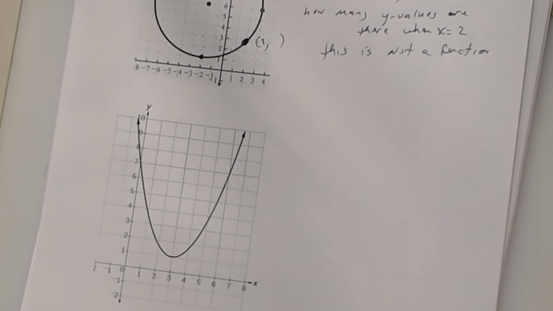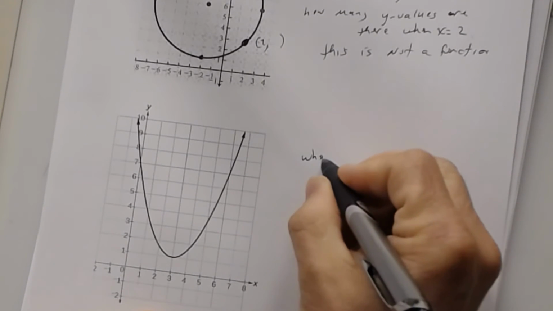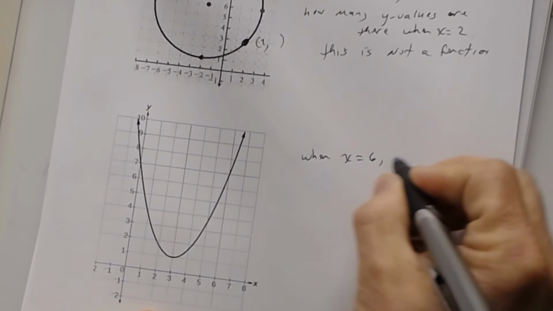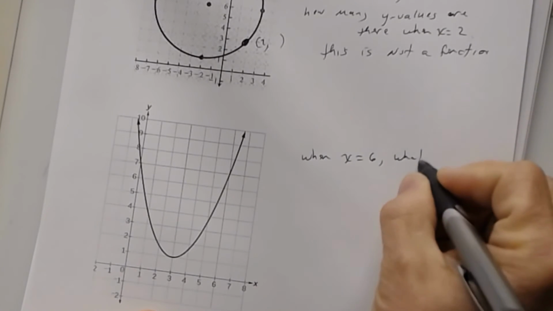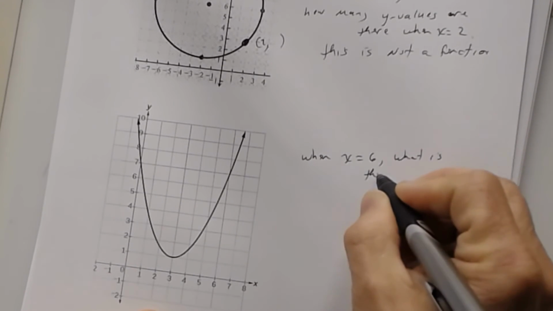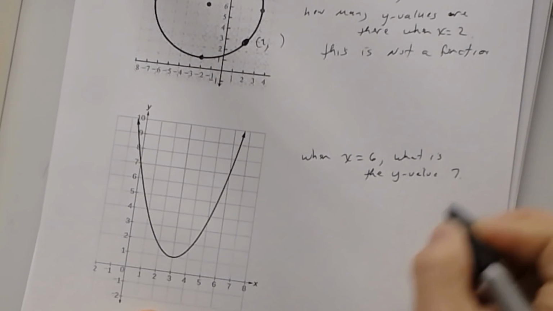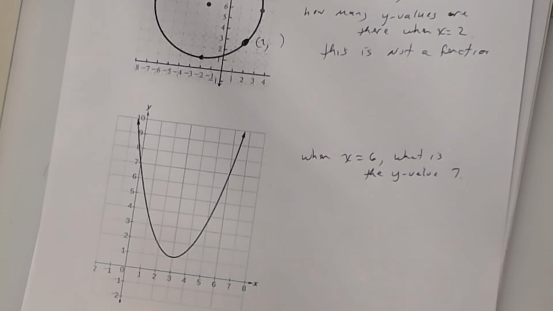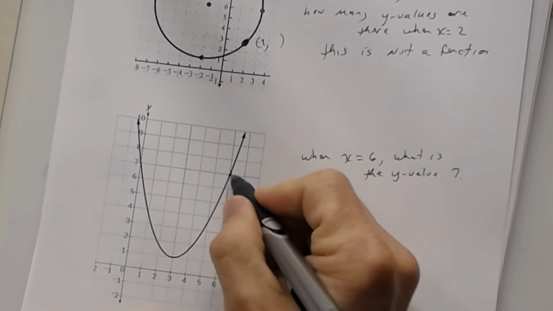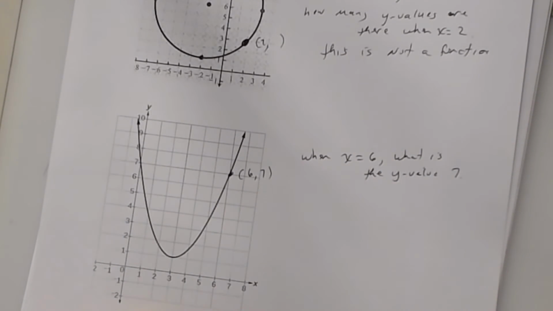All right, I'm going to ask you this question. When x is, let's say, 6, when x equals 6, what is or are the y values? 7. Is it just 7? Yes. Good. When x is 6, right here, that's the point 6,7, right? My y value is 7.